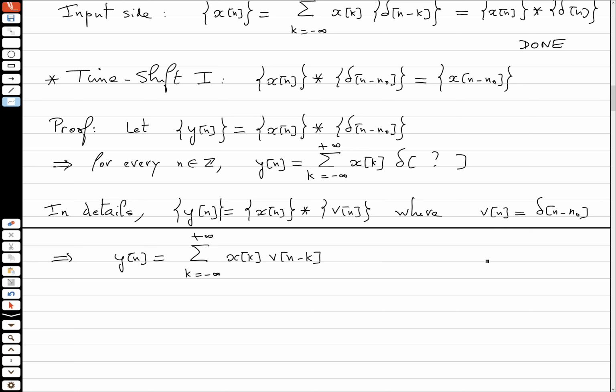So what is v of n minus k? Yes. So I prefer this answer. You said previously n minus n naught minus k, which is the same thing. But I prefer this answer because this is what you get originally. So in fact, the answer is you get n minus k minus n naught.